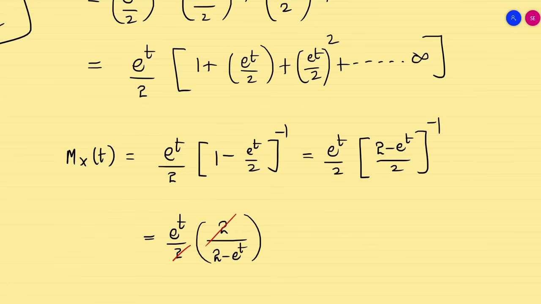So what would happen now? 2 gets cancelled and we will be having e power t by 2 minus e power t. That is my moment generating function. So this is what we have to do, guys. We find the moment generating function for the given question. Good. What is the next part?